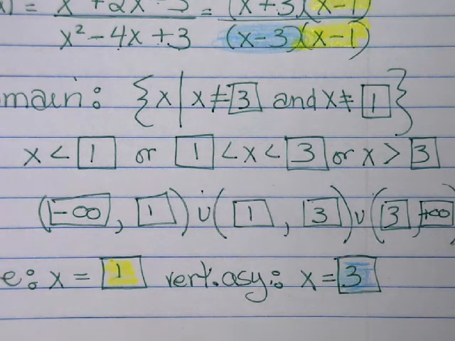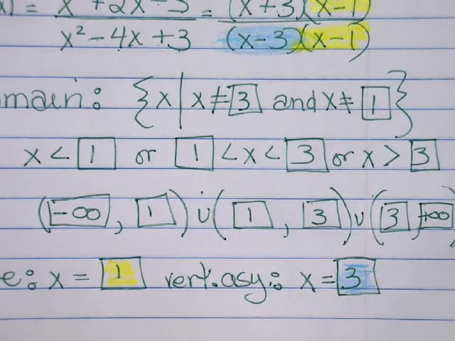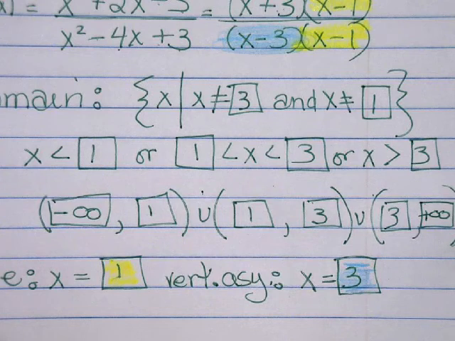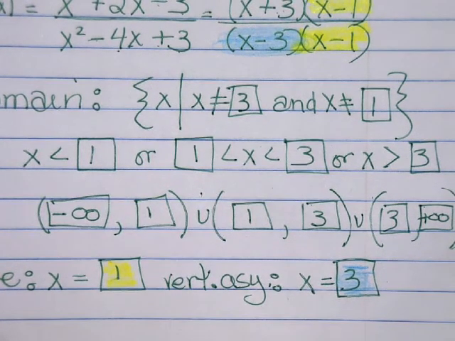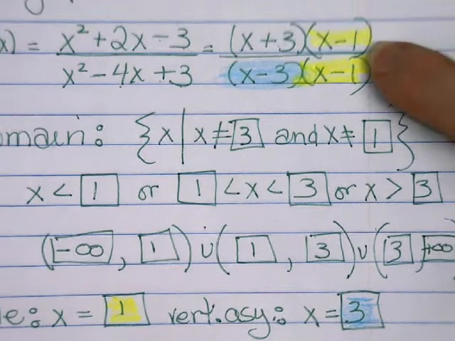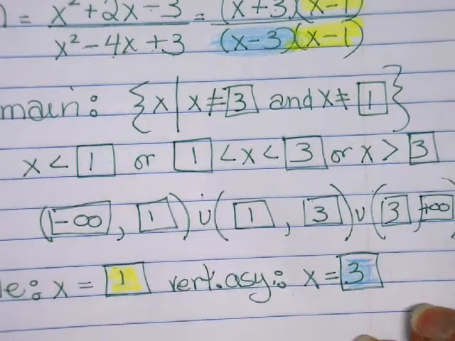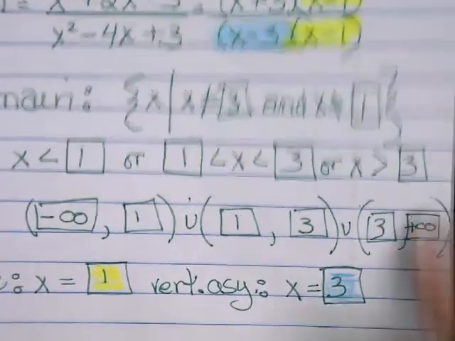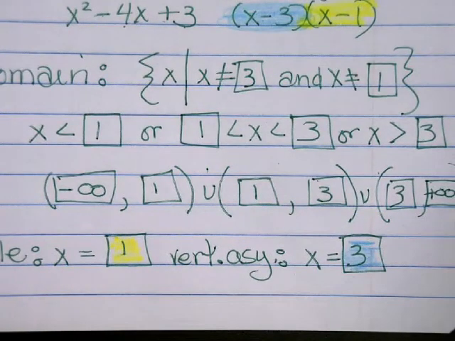That's where our homework notes help us, to be able to know where we got the hole and the vertical asymptote. So be a good factor person. Be able to factor your polynomials correctly, and then the rest is gravy.